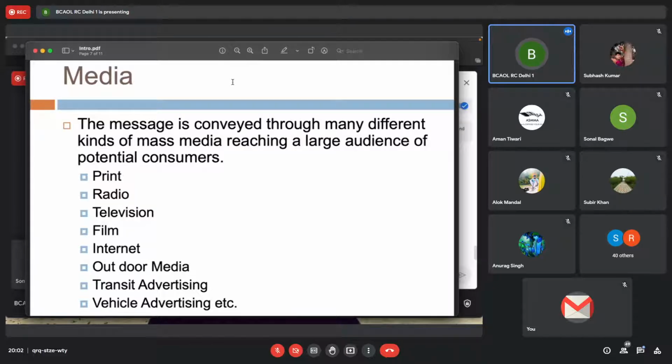Even FMs have a wide reach. People listen to them, and since it's just simple language based, again you can easily advertise there.